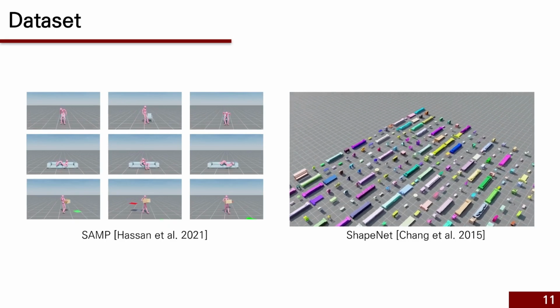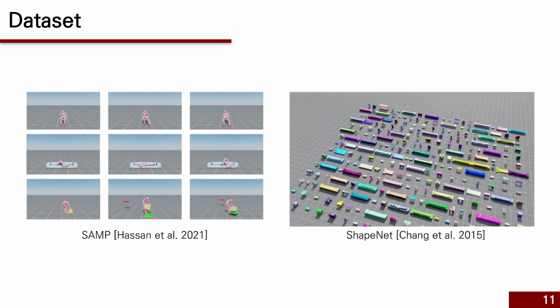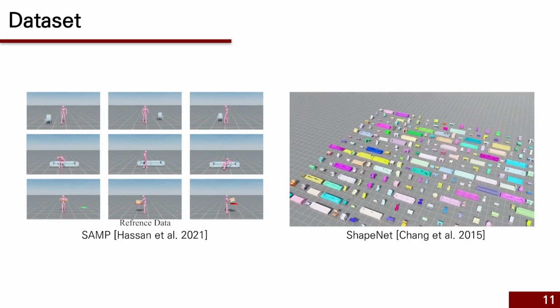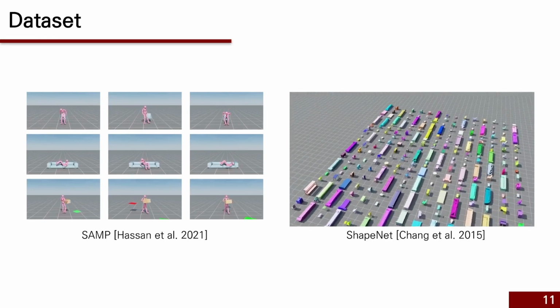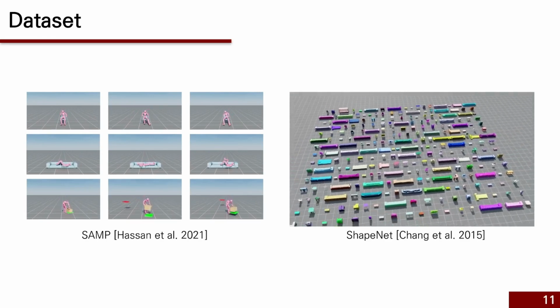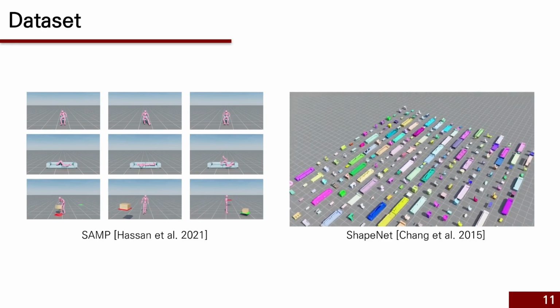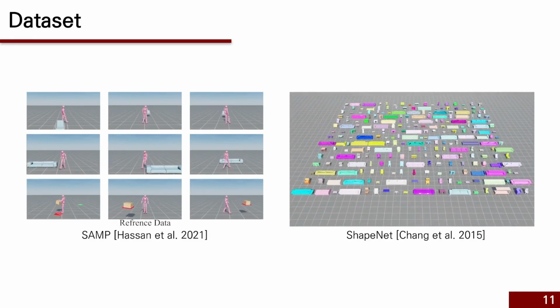For the carrying task, they captured their own motion capture dataset. To increase object diversity, objects were randomly scaled between 0.8 and 1.2 during training, and the box object for the carrying task was scaled from 0.5 to 1.5.